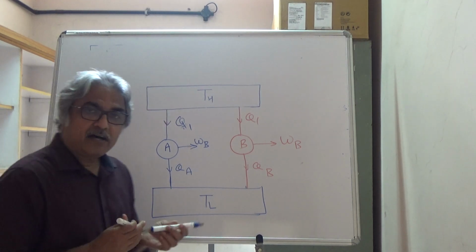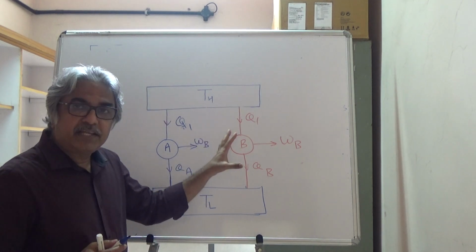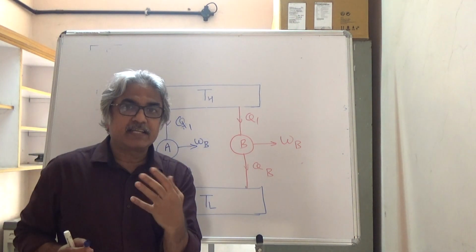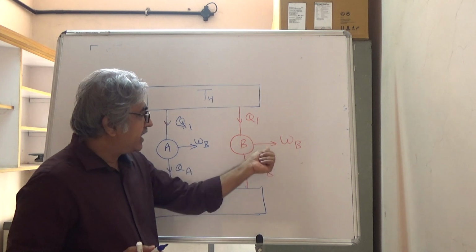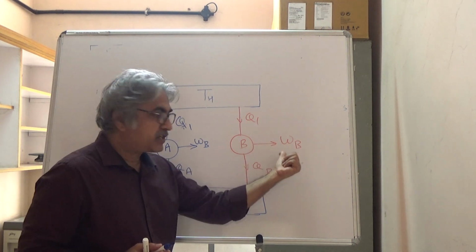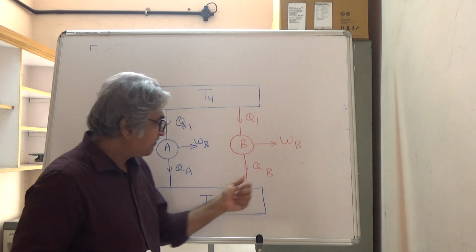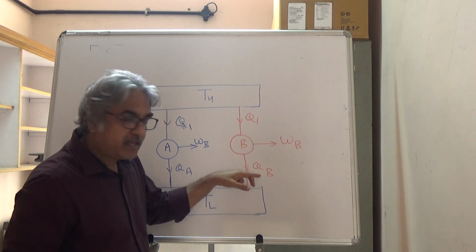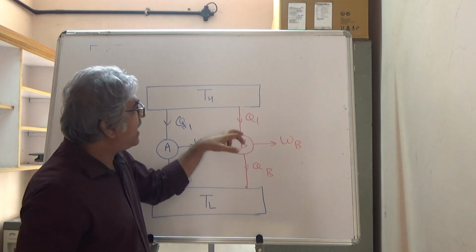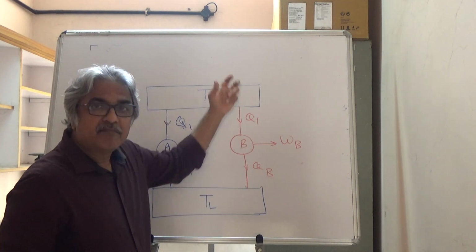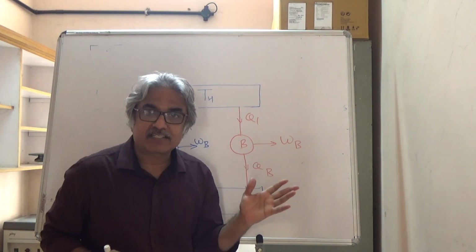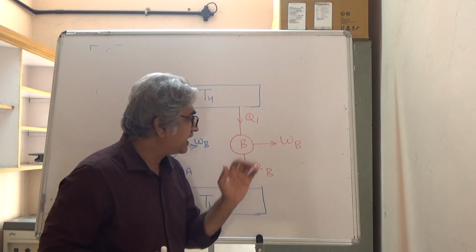Now see, this is a reversible engine, meaning all the four processes are reversible. So if you reverse the direction of work, the engine will take exactly QB of heat from the sink and deliver Q1 back to the source. So all the arrows can be reversed.